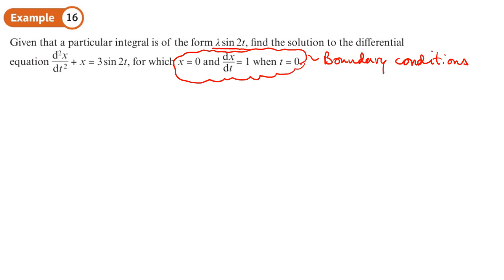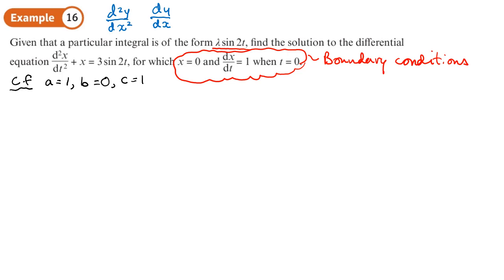So first of all, we start with the complementary function with a equal to 1, b equal to 0, and c equal to 1. So this is slightly different to what we've seen. All of the differential equations we've done so far have all been like dy dx and d squared y over dx squared.